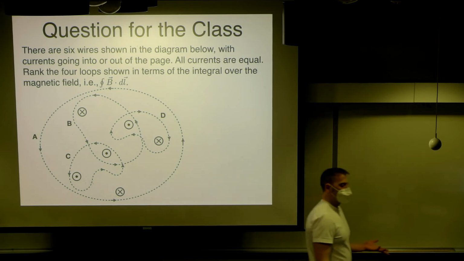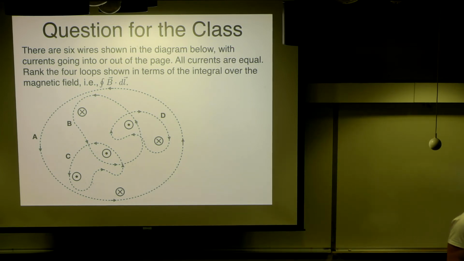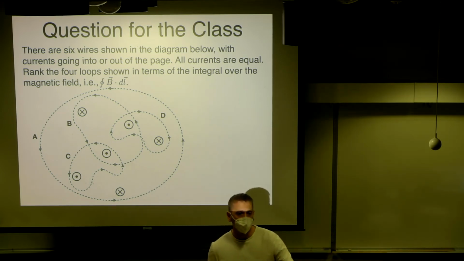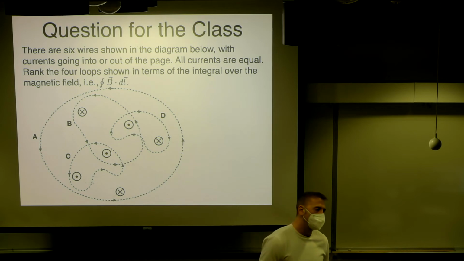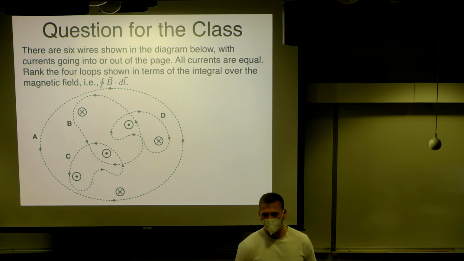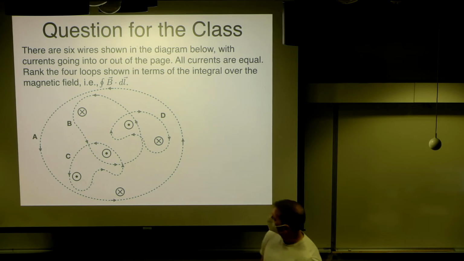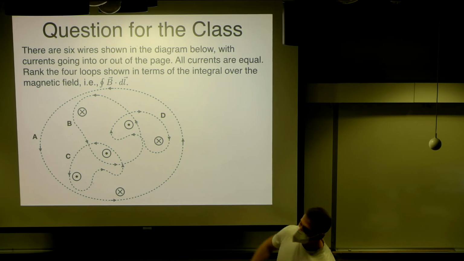What I want you to do is just rank these in terms of the integral B dot dl. So which one of them has the largest value for this integral? Which one has the smallest value? And what's the order, okay? That value would be the magnetic field, right? Well, it's not that, it's the integral.